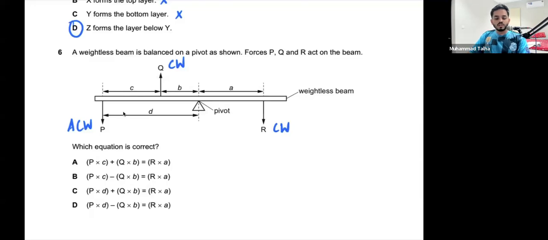So basically writing out the principle of moments, I would say sum of clockwise moments equals sum of anti-clockwise moments. So the anti-clockwise moment here is because of P. So P and its distance from the pivot is D. So P, D. And then for the sum of the clockwise moments, it's going to be this force times its distance from the pivot, which is going to be QB.